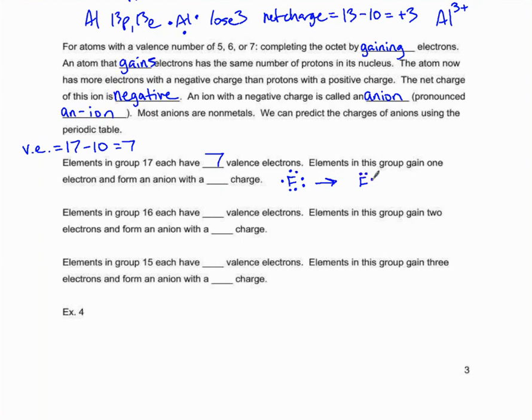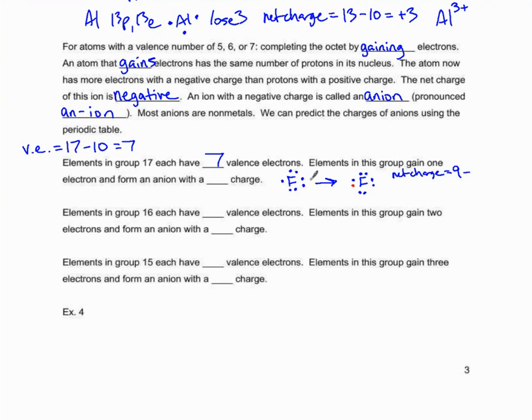So here's fluorine. Now it has number 8 right there. Let's talk about the net charge. Fluorine has 9 protons. So net charge is protons minus electrons. So 9 protons.